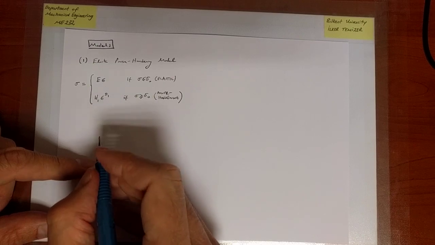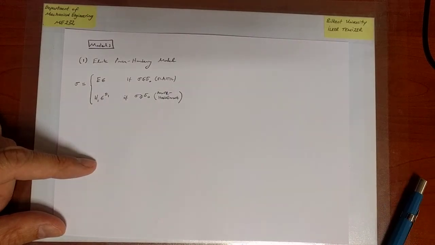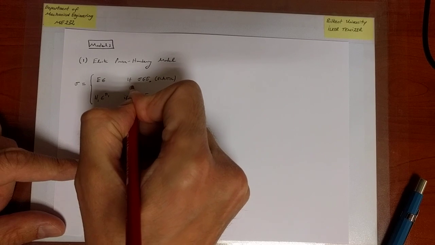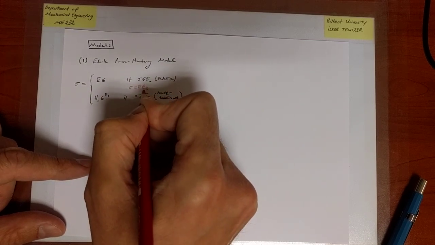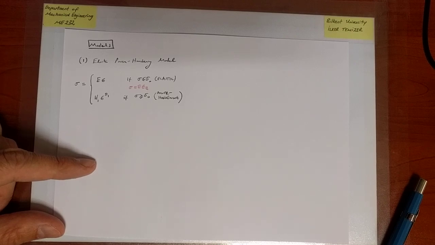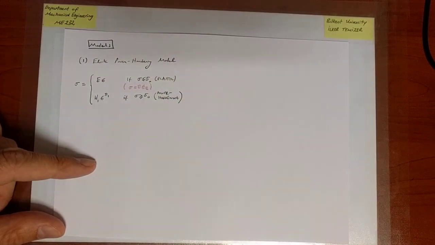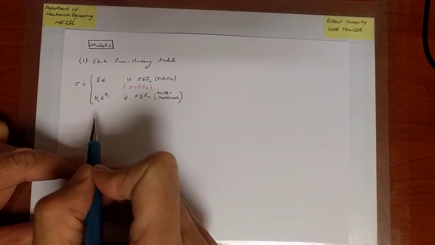Okay, now remember that whether you are in the elastic or plastic region, it doesn't matter. Sigma is always equal to E times epsilon E, the elastic portion of the strain. That's something that we will keep in mind. It's valid in both regions, both elastic and the region beyond the elastic zone, in the plastic power hardening zone.